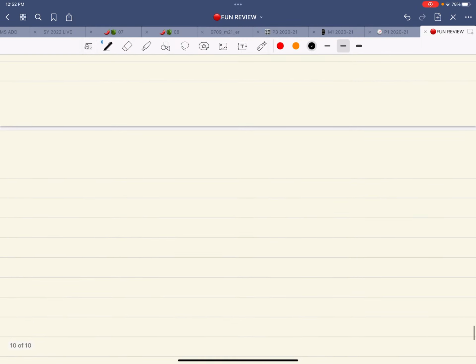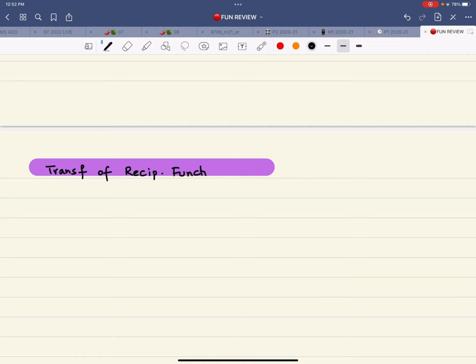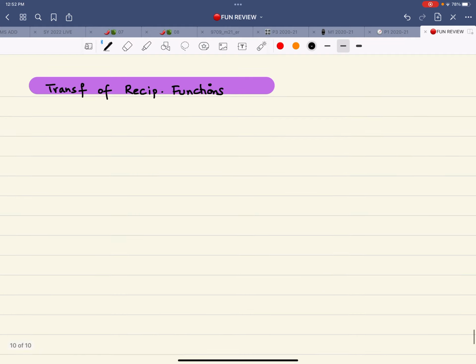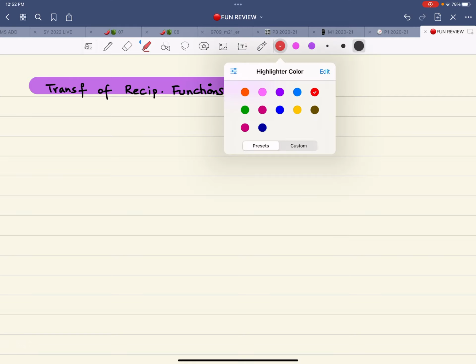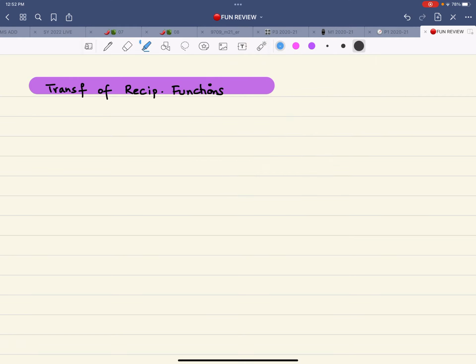Now, if we apply transformation to this, transformation of reciprocal functions. I can give you a standard form which is convenient to many.